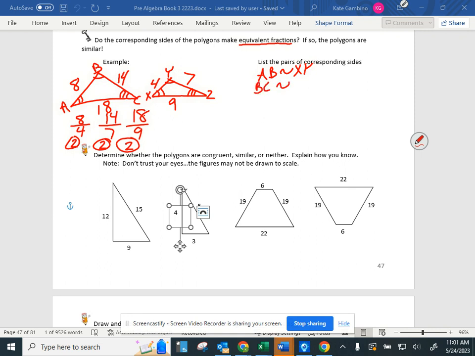BC is similar to YZ. And CA is similar to ZX. Okay, so that squiggle means that they're similar. Doesn't have that equal sign under it, so they are not congruent. They're similar.